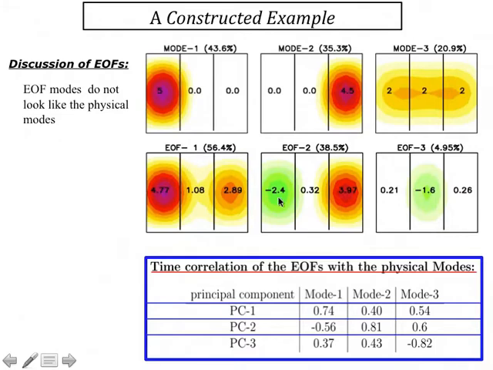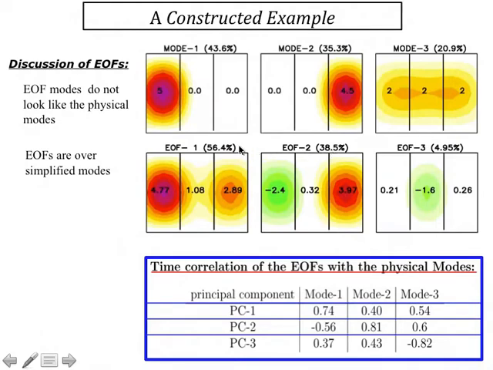And then EOF2 is a dipole, so negative here and positive here, suggesting a negative correlation, but there is no negative correlation of any kind in the way I set it up. Right? So this pattern is very different from what you put in. And what you also notice is an oversimplification. If you add up EOF number 1 and EOF number 2, they explain 95% of the data.